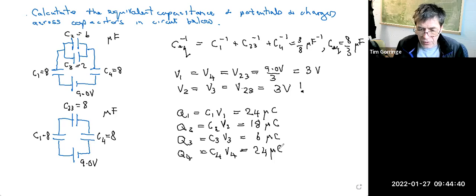And we first figured out the equivalent capacitance of the whole arrangement. And once we figured out the equivalent capacitance of the whole arrangement, we had all the information we needed to figure out how voltages were shared amongst the individual capacitors in this parallel and series network, how the charge was distributed over the plates of the individual capacitors in this series and parallel network.